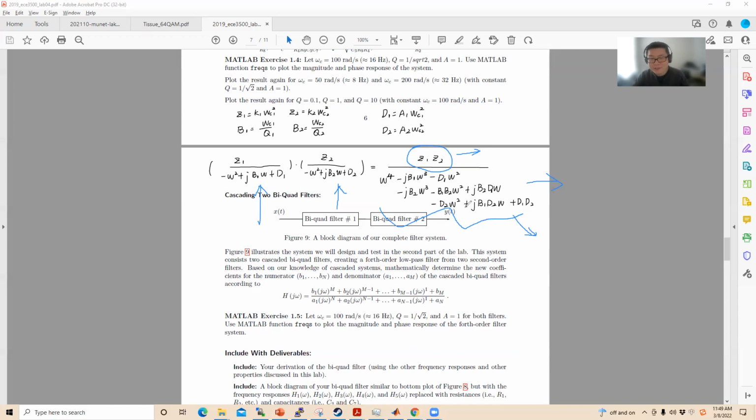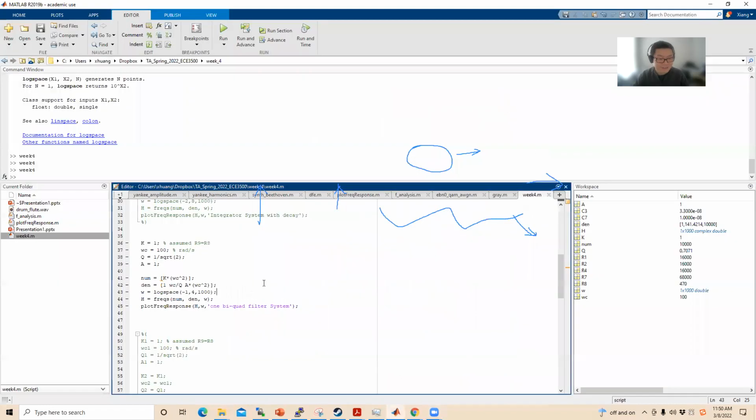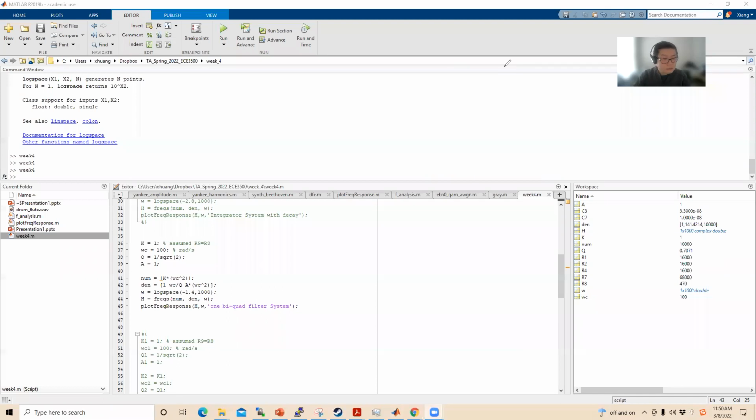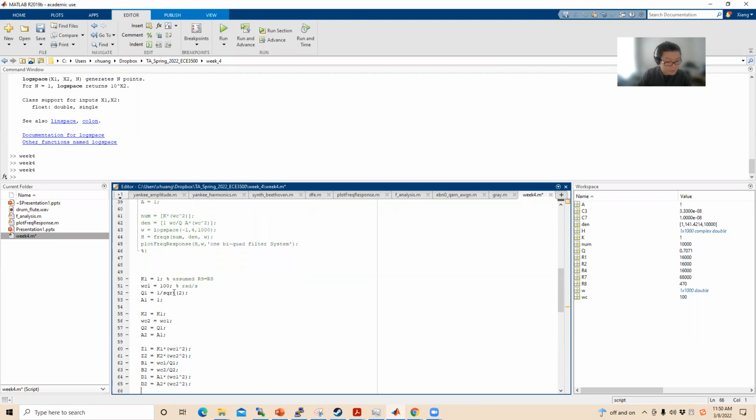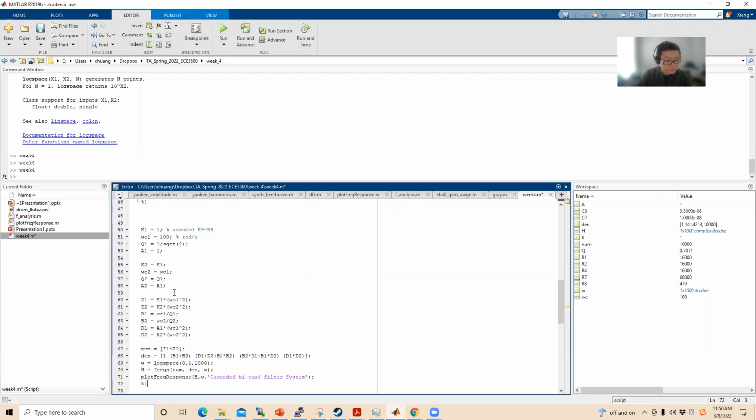What I can do is just give you this equation to help you to define the two biquad filters in MATLAB. So this is one biquad filter, and this is two biquad filters.